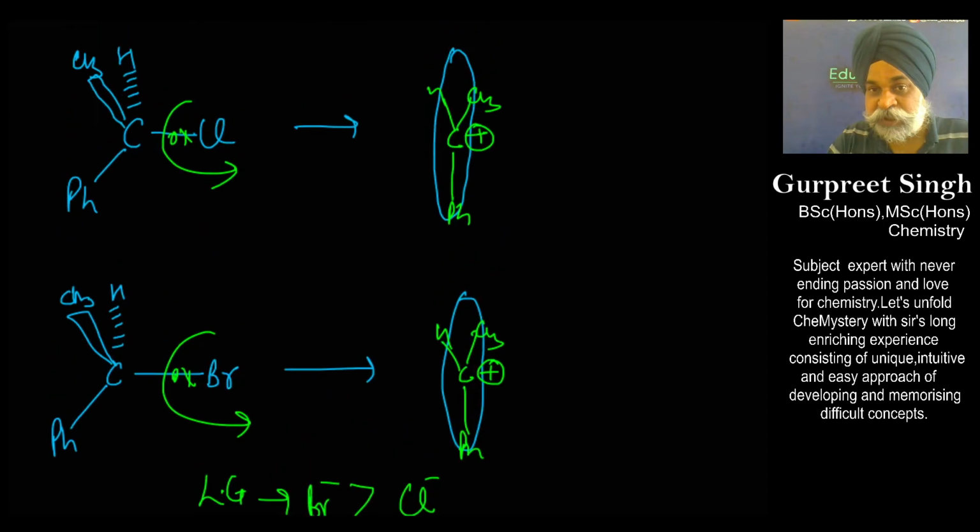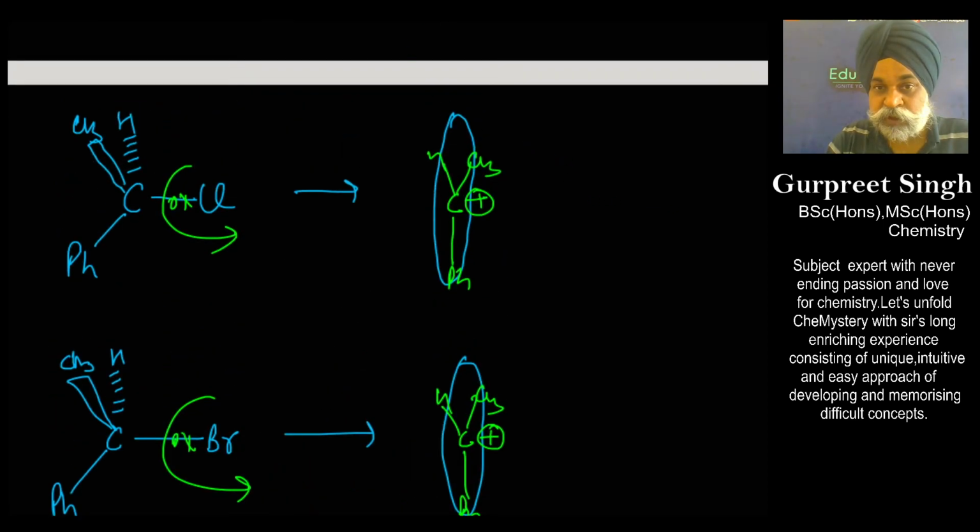Now what would happen, since Cl negative although has gone out, it would try to remain on the side from which it has come out. This is what you call intimate ion pairing.